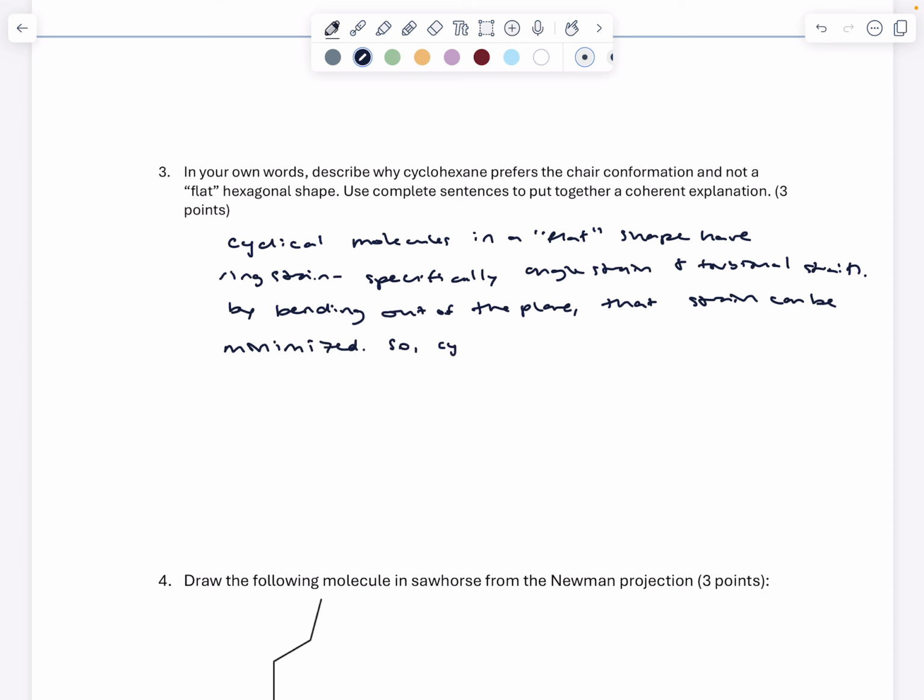So cyclohexane adopts a chair conformation primarily to alleviate torsional strain.